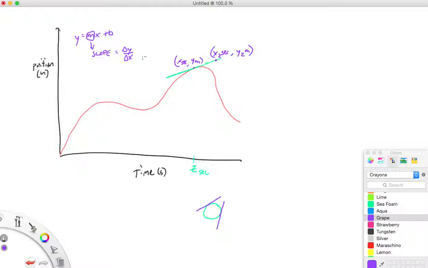To do that, it's the change in y divided by the change in x. I'll write change in y over change in x. That's our slope.